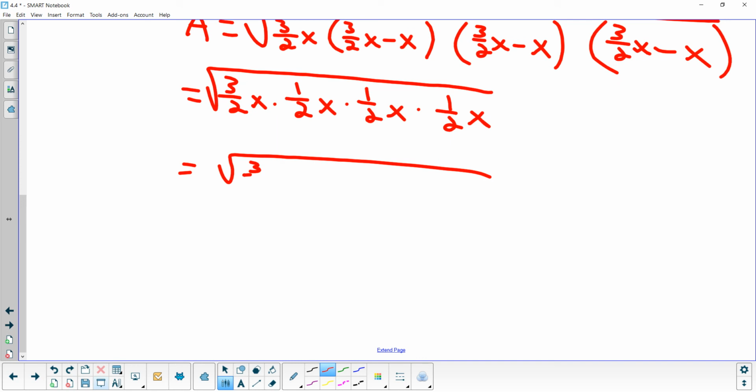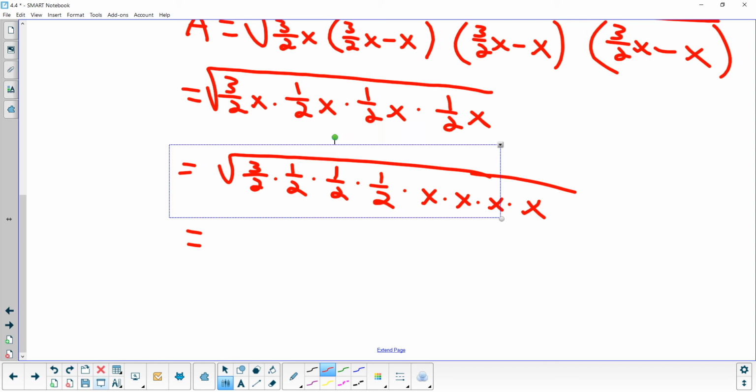So we have 3/2 times 1/2 times 1/2 times 1/2 times x, x, x, x. When we multiply fractions, we just go straight across the top. What's 3 times 1 times 1 times 1? 3.